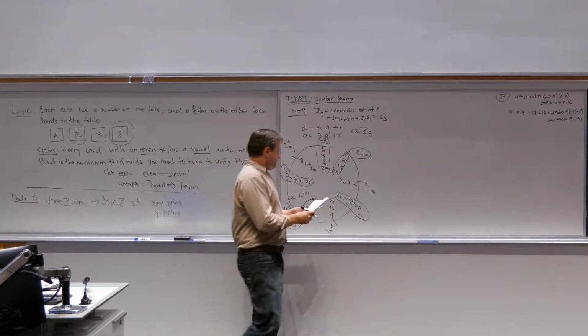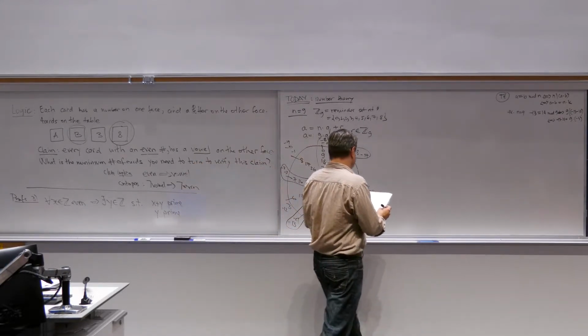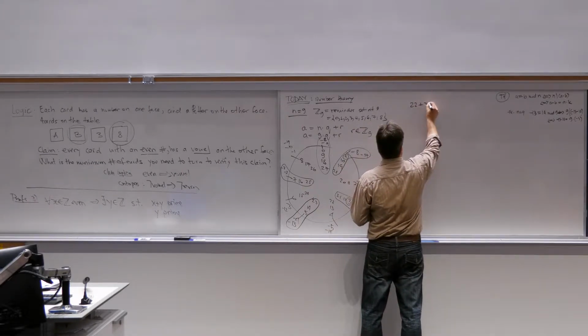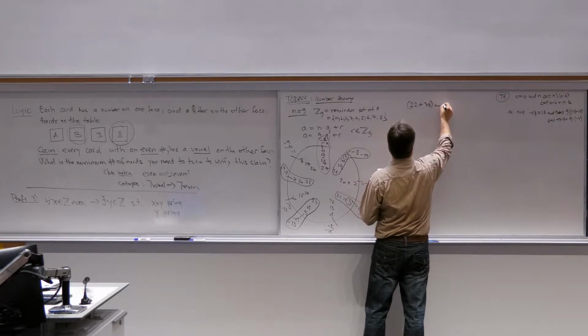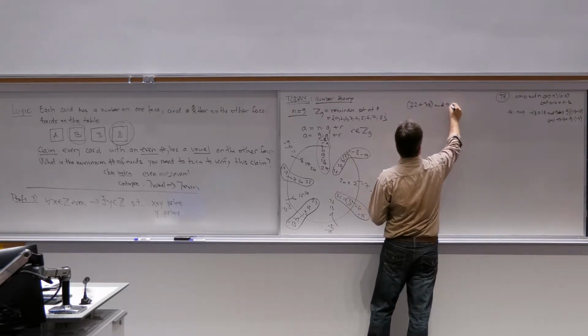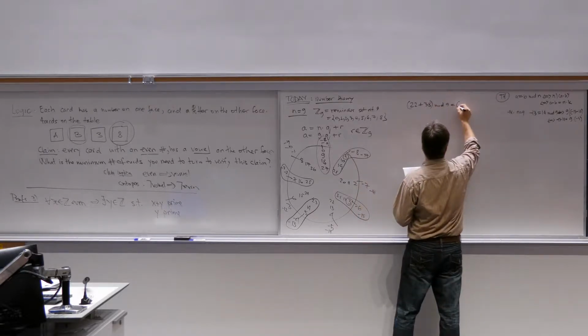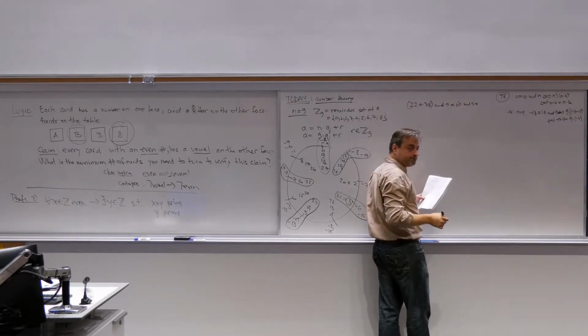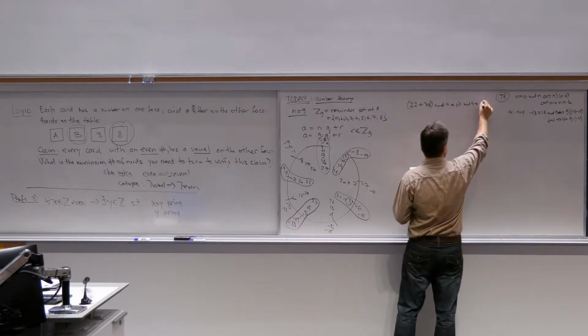We also talked about operations. Like if I have 22 plus 38 mod 9, I could do this as 60, of course, mod 9, which is what? 6.